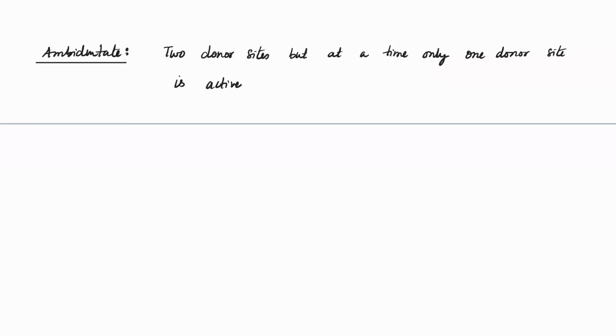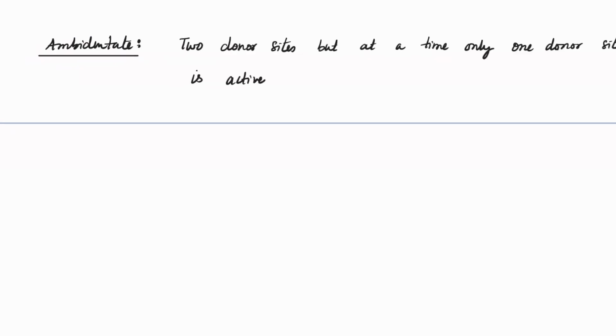Ambidentate ligands. Let's talk about ambidentate ligands. See, if there are two different sites, but at a time only one donor is active, that means both of them are not acting like a bidentate, but only one donor site is active. Then we call it ambidentate ligands. For example, CN minus. Structurally it has C triple bond N, with a lone pair here with minus and one lone pair here, which means it could act in two ways.